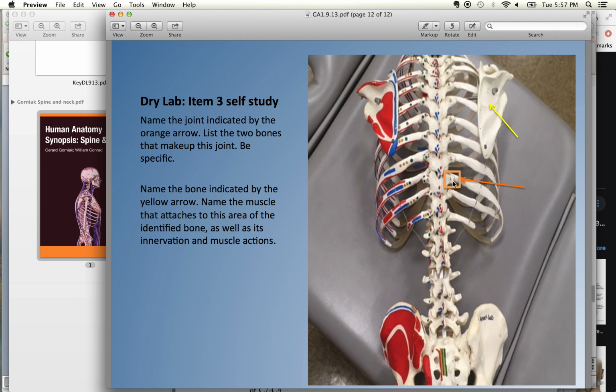with the costovertebral joint. Remember, this could also be a costotransverse joint. I would give that too. I know this picture's not great. But we have those two attachments, those two articulations occurring there, the costotransverse on that transverse process of the T vertebrae, and then the costovertebral on the vertebral body.